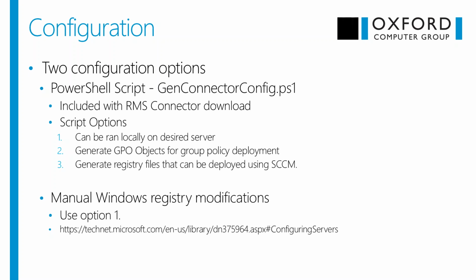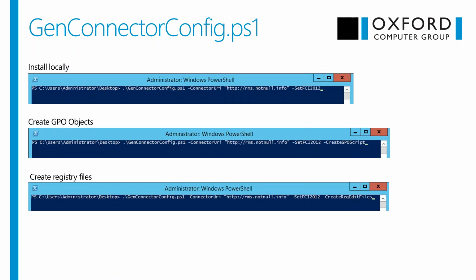It looks like this, and these may be a little hard to see, but you have the option to run this locally on the server that you're going to have use the RMS connector, whether that's Exchange or FCI in this case, or it can be used to create GPO objects. You'll notice we're just changing switches here, just adding the different switches.